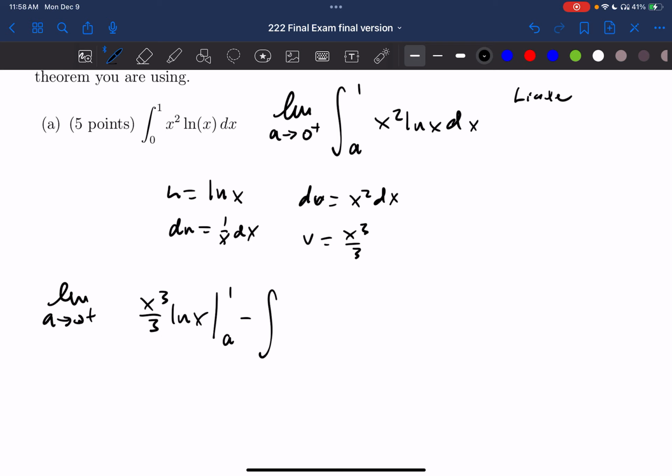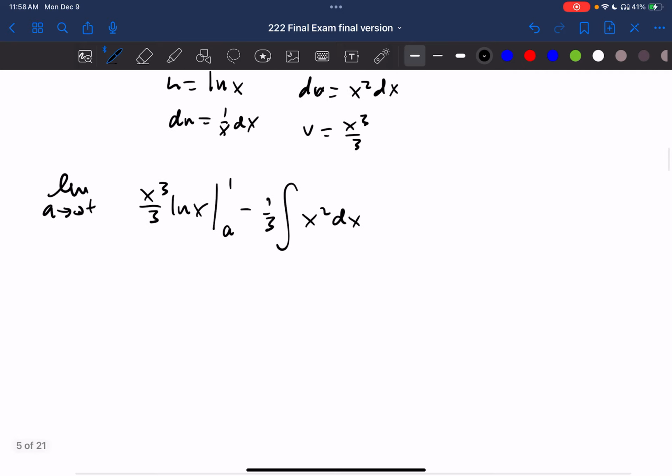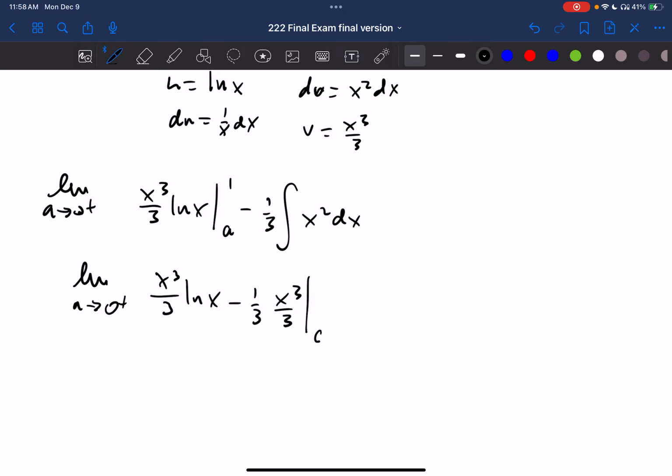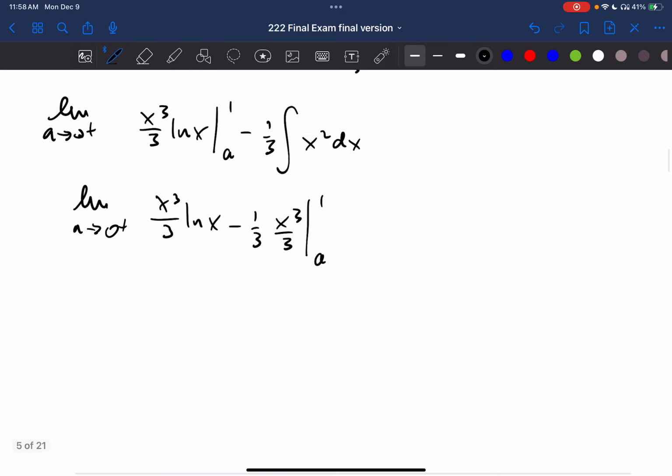We can get a negative 1/3 out in front, because that's a constant, and x to the third power divided by x is going to be x squared dx. This is going to be equal to the limit as a goes to 0 from the right of x to the third power divided by 3 ln x, minus 1/3 times x to the third power divided by 3, evaluating this from a to 1.